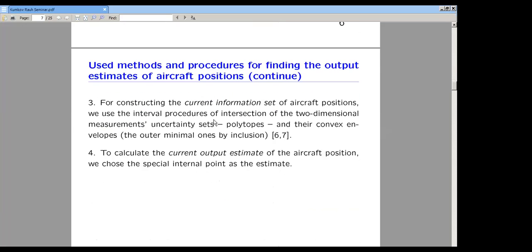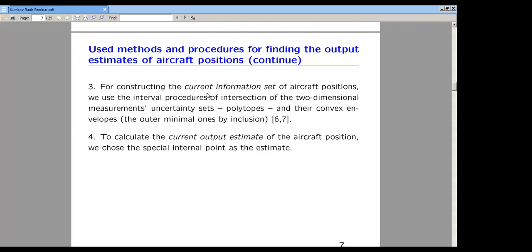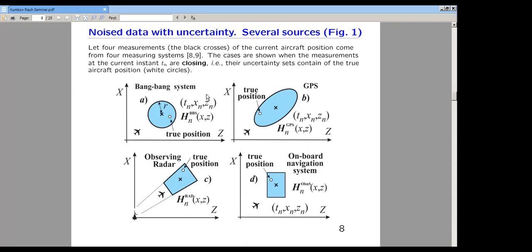Then the main procedure in our constructions is the intersection of the uncertainty sets of the measurements with some auxiliary sets of aircraft positions. For example, we can see on this slide what measurements come from the measuring systems: the bank system, then the GPS system, the observing radar system, and the onboard navigation system.